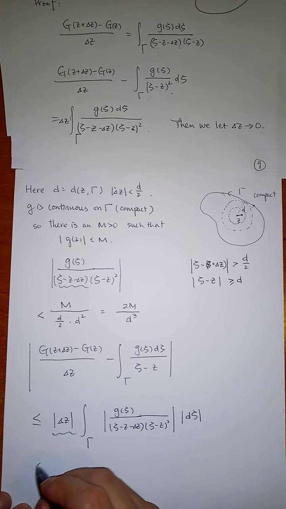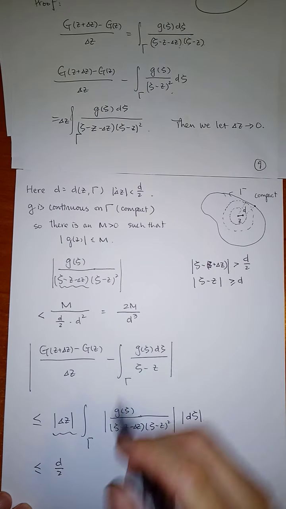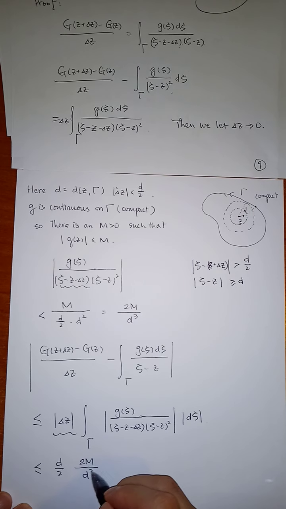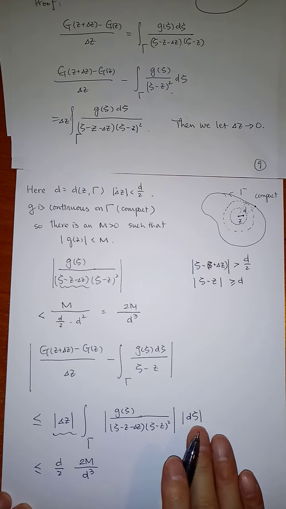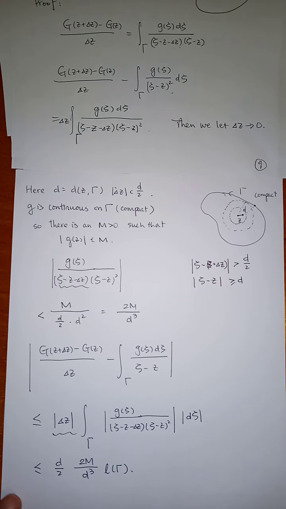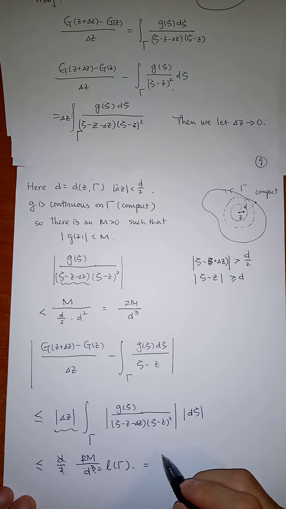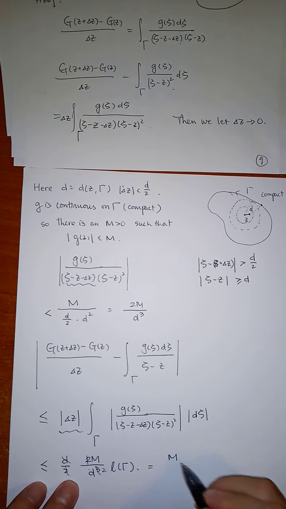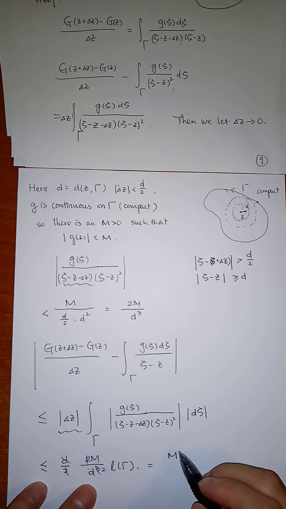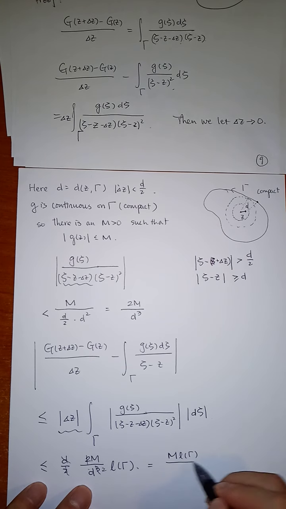This one is less than d over 2, and this one is less than, as you see here, 2M over d cubed. And then you integrate the absolute value of d psi along gamma. It's L of gamma. The d's cancel, the 2 cancels, so you will get M times the length of gamma over d squared.